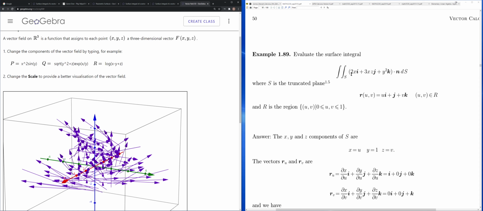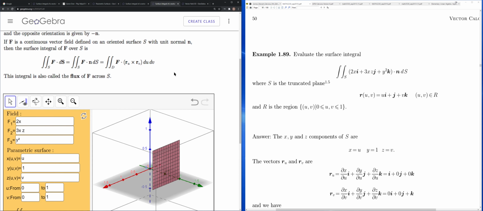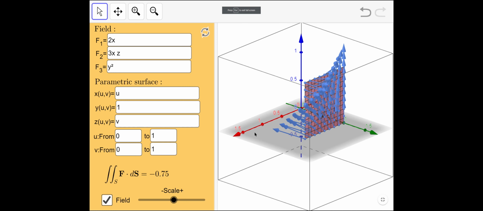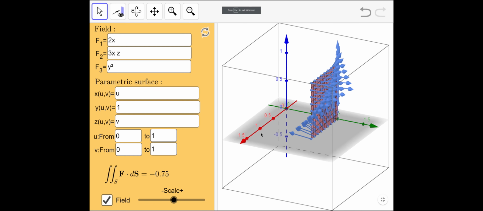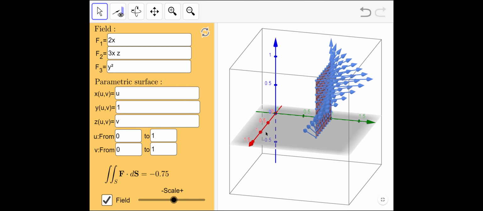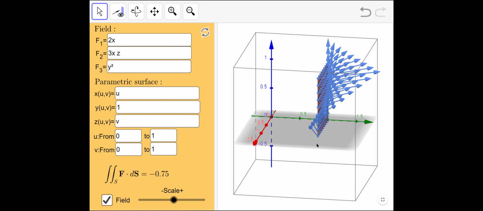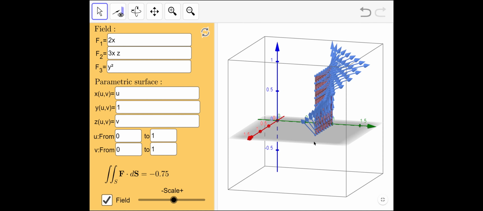What we want to see are the vectors that are actually cutting through S. The vectors from the vector field that cut in through S are illustrated here.